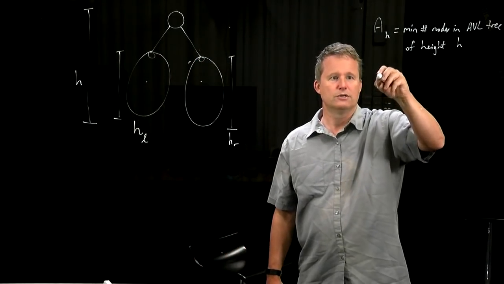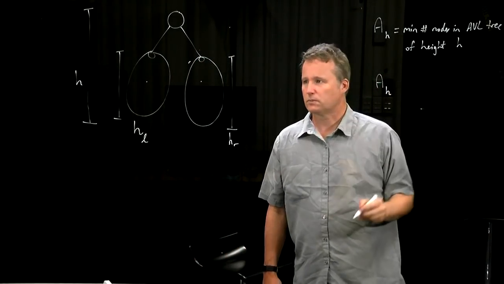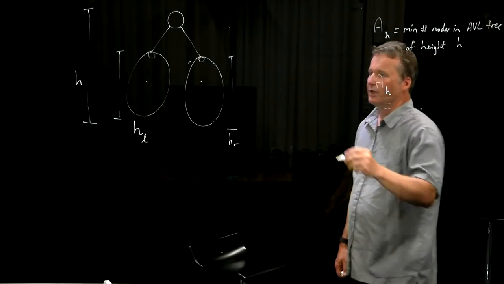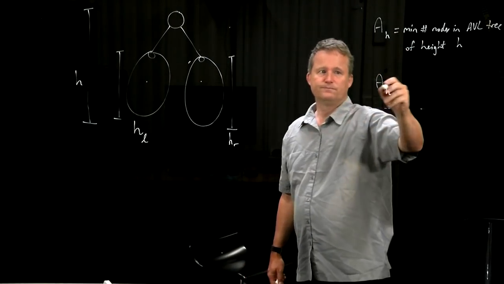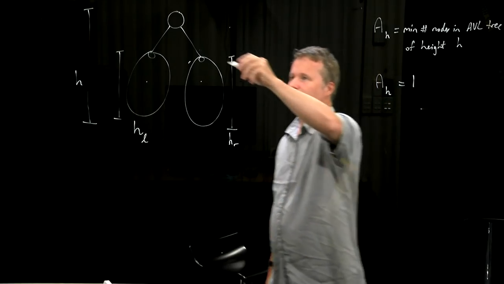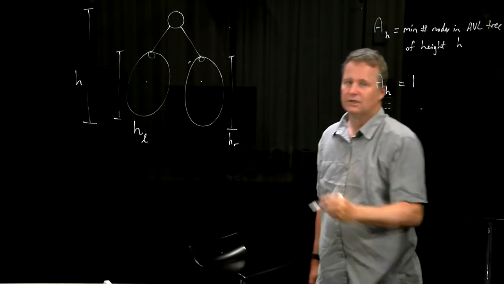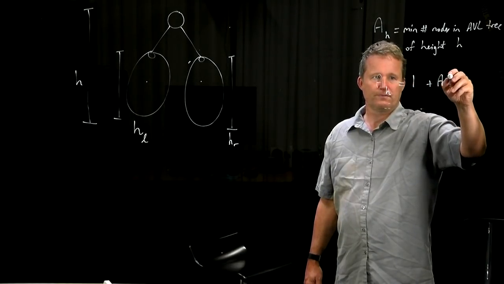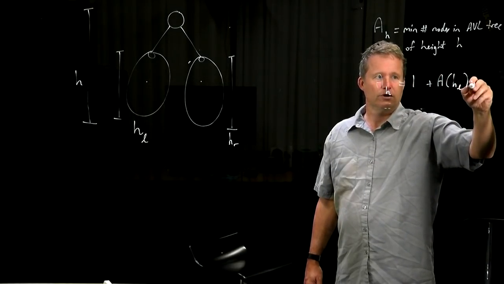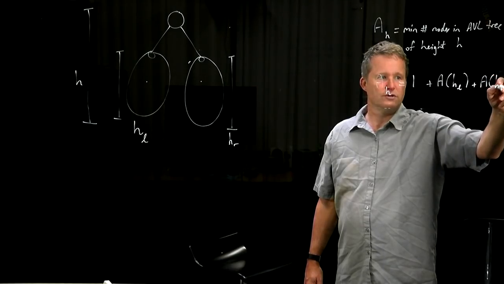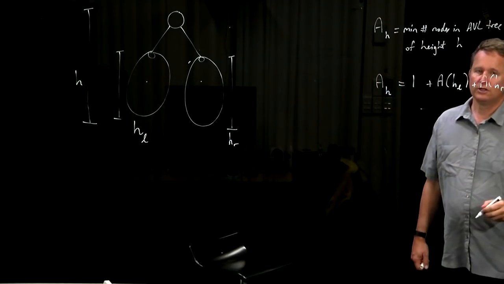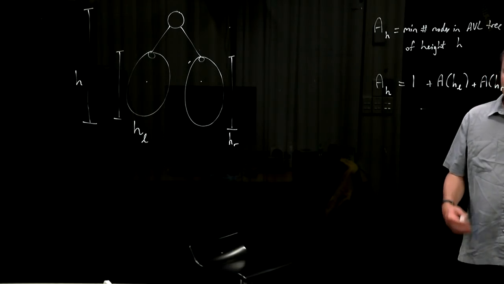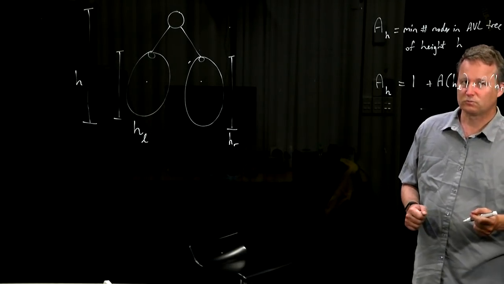So in other words, A sub h, the number of nodes in this full tree, is 1, which is the number of nodes in the root, plus the number of nodes in the left, plus the number of nodes in the right, each of those trees being minimizing trees.